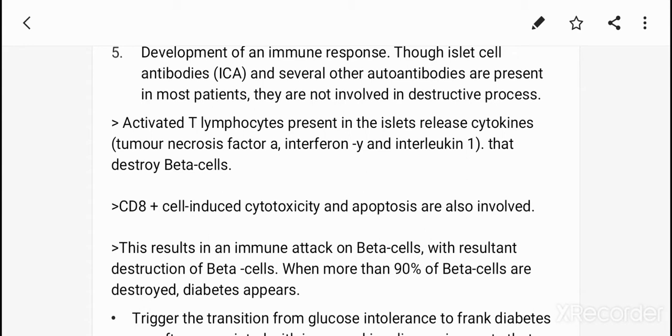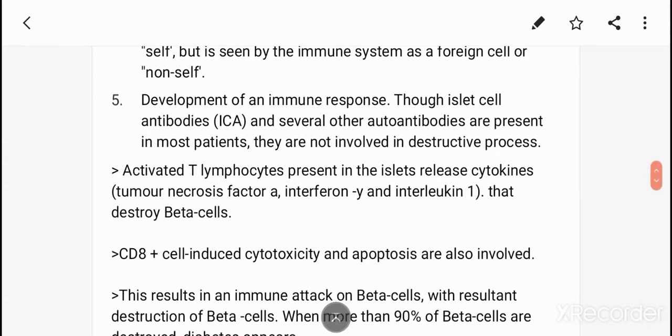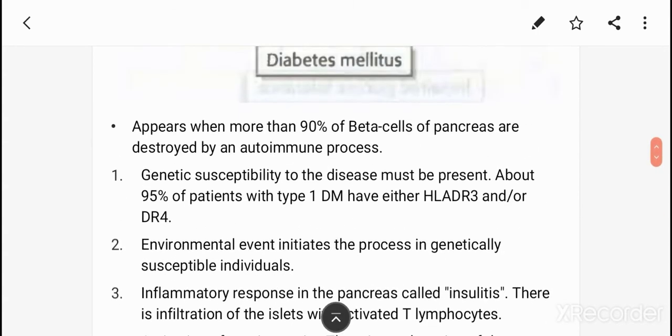That destroys the beta cells. Also, CD8 plus cell induced cytotoxicity and apoptosis are involved. This results in an immune attack on beta cells with resultant destruction. So when more than 90% of beta cells are destroyed, diabetes appears. We can say that type 1A DM appears when more than 90% of beta cells of the pancreas are destroyed by an autoimmune process.